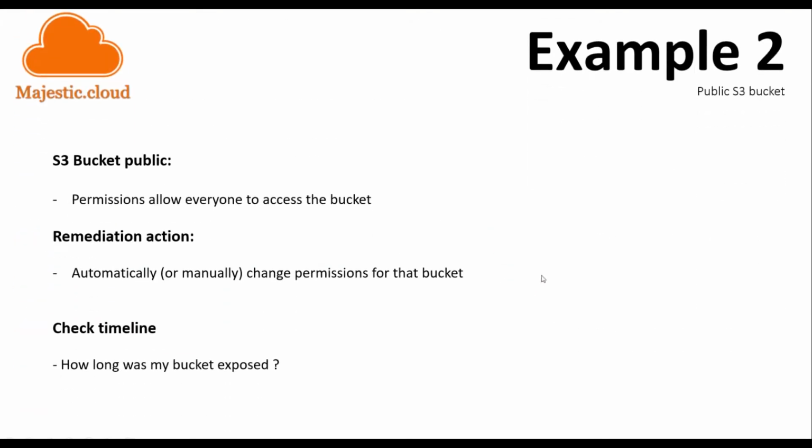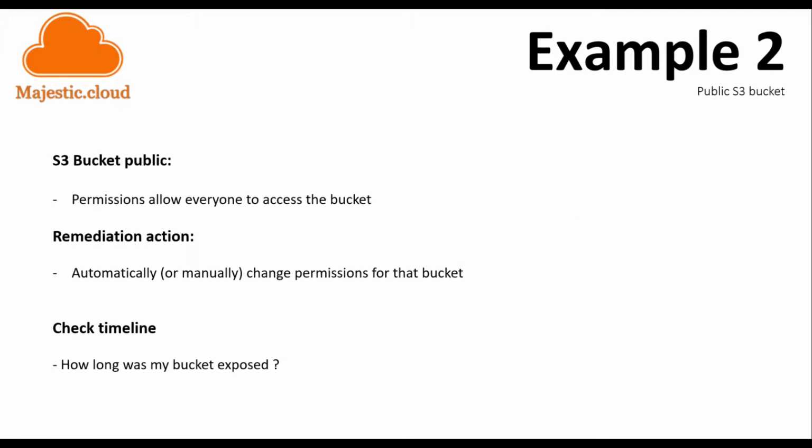Another use case is, for example, with public access for S3 buckets. So you can create a rule to check permanently if your buckets have public access enabled. If one of your buckets has public access, or if someone sets in the future public access to your buckets, you can automatically start a remediation process.